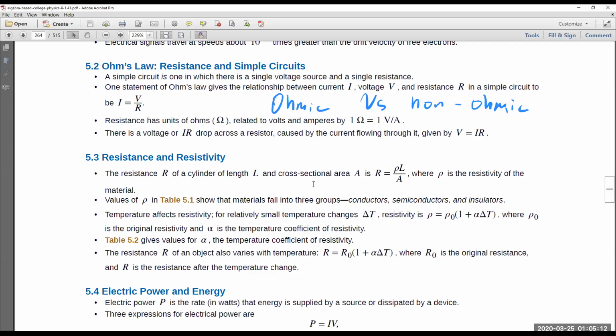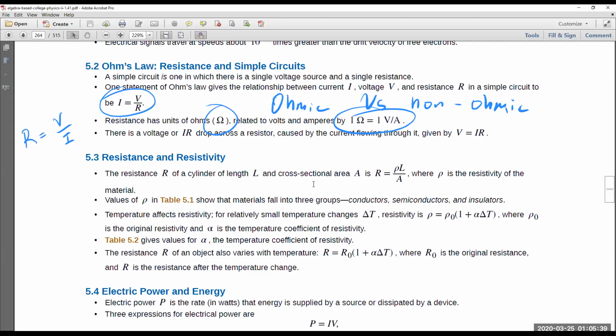Now the unit for resistance is the ohm, the omega symbol, that's a Greek symbol. And 1 ohm is equal to 1 volt per amp, because resistance will be equal to voltage divided by current if we transform this equation.